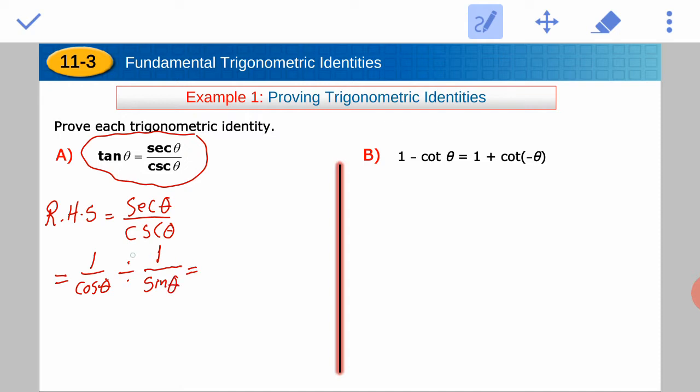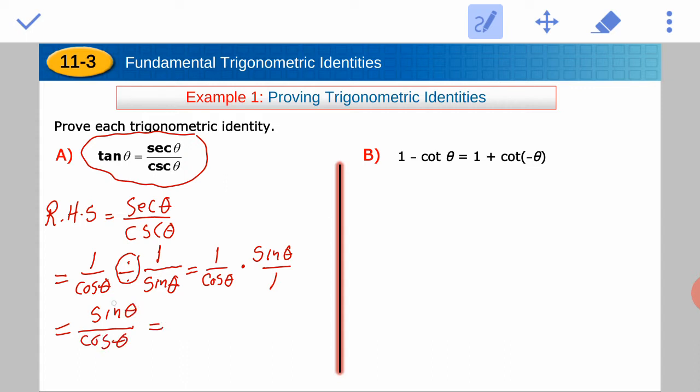Guys, we can turn this division operation into multiplication by the reciprocal. So we can copy 1 over cosine theta, multiplied by the reciprocal of 1 over sine theta, which is sine theta over 1. When we simplify, 1 times sine theta, it's sine theta on the top and cosine theta down.